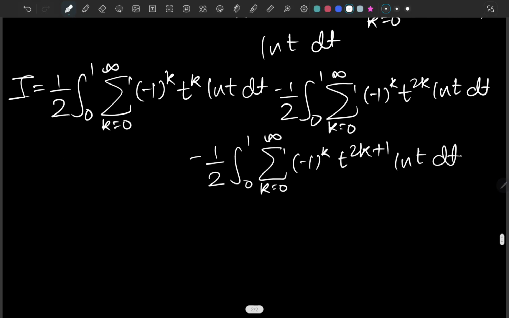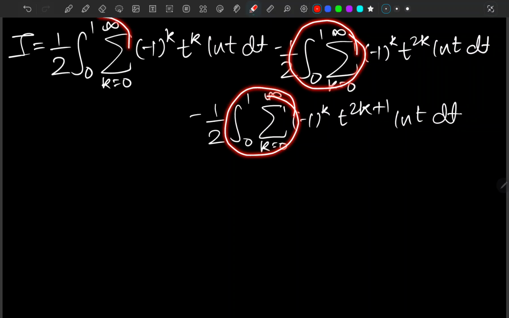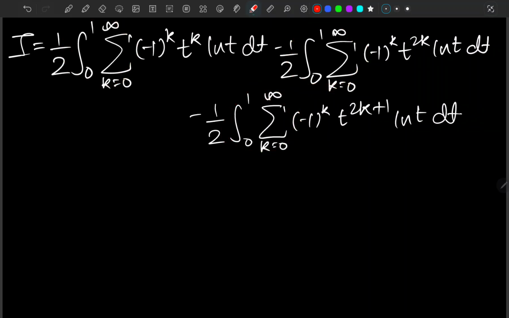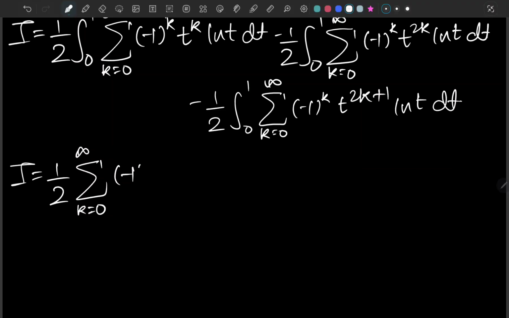Okay, now since from linearity we can say all these three things are going to interchange their positions, and since this negative 1 to the k in all terms is independent of t, that would also be out of the integral part. So basically we are having I equals 1 over 2 the sum as k goes from 0 to infinity of negative 1 to the k integral from 0 to 1 t to the k ln t dt.